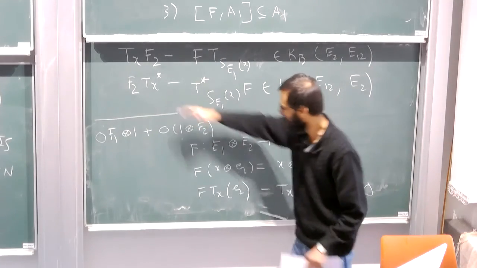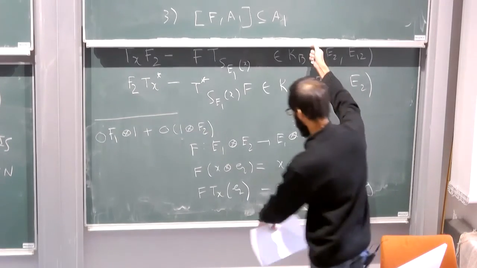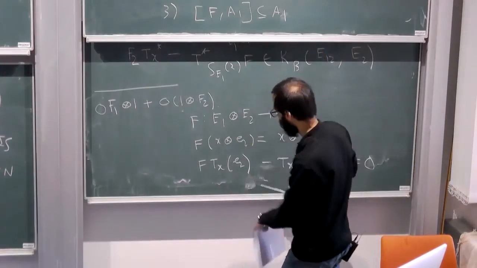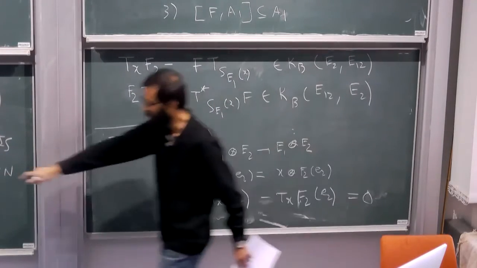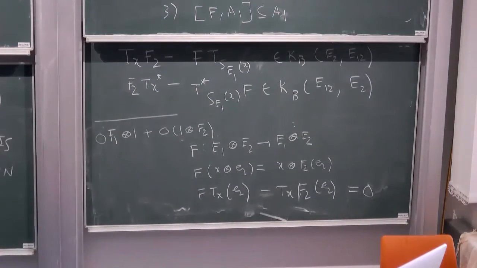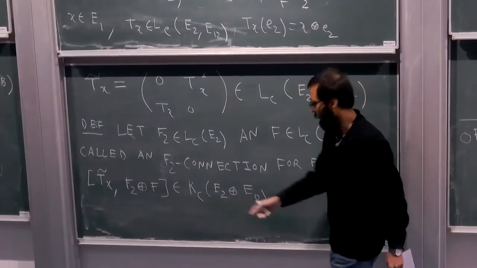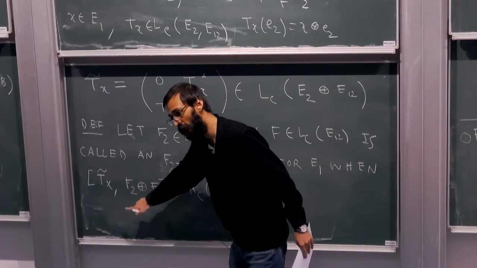And the second condition would be, let me erase this one. This condition is for F2 and F1 having degree 1. It's a graded commutator, right? Everything is a graded commutator.